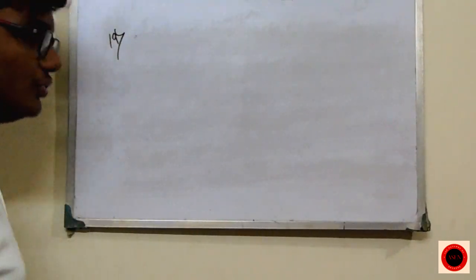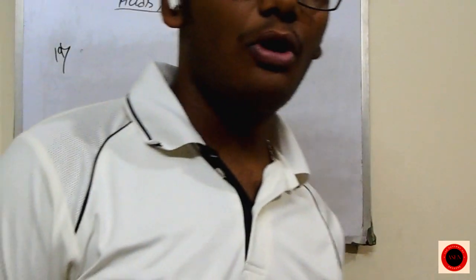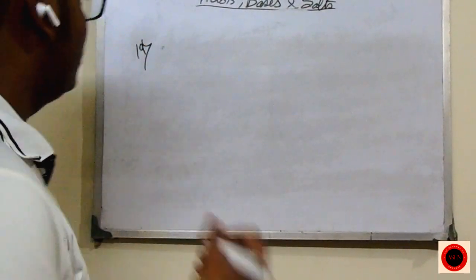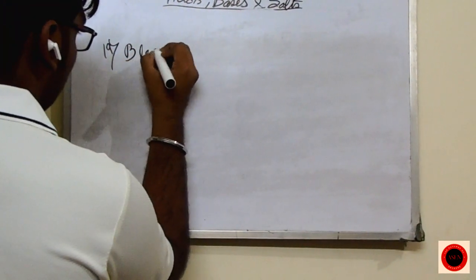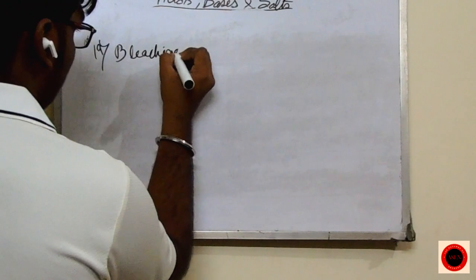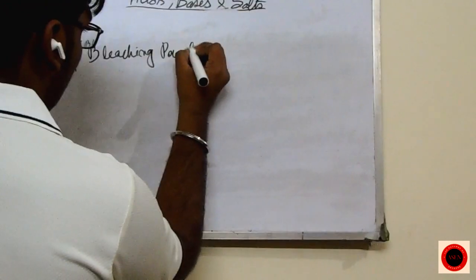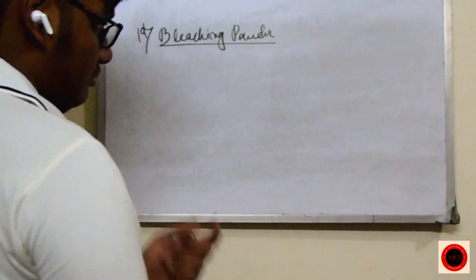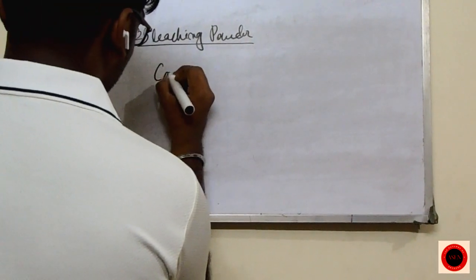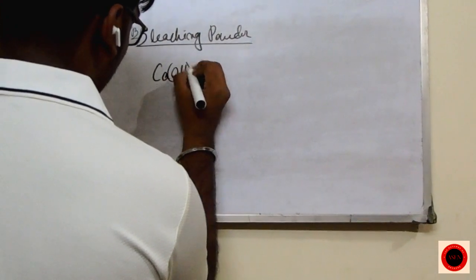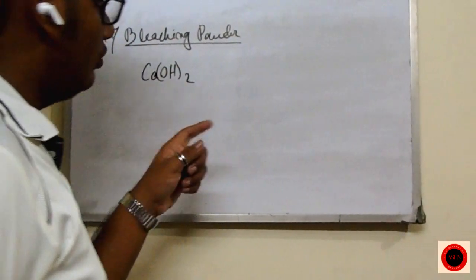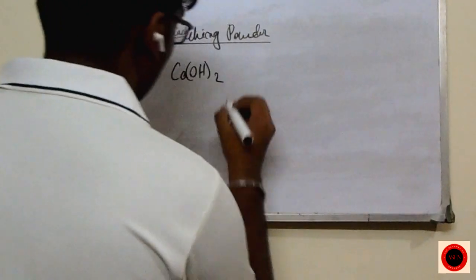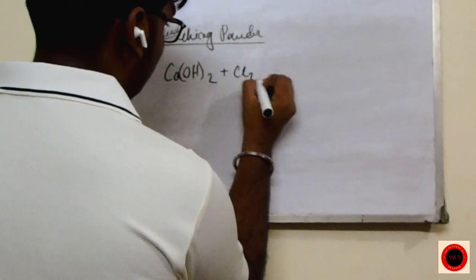Okay, now we will see how all those salts are produced. Bleaching powder, CaOCl2, calcium oxychloride. How is that formed? Ca(OH)2, you all know, calcium hydroxide, plus chlorine.